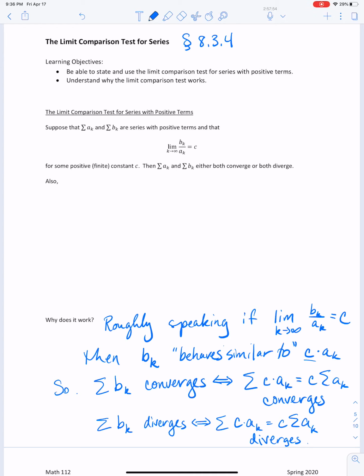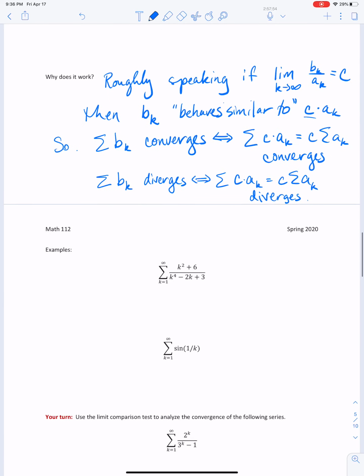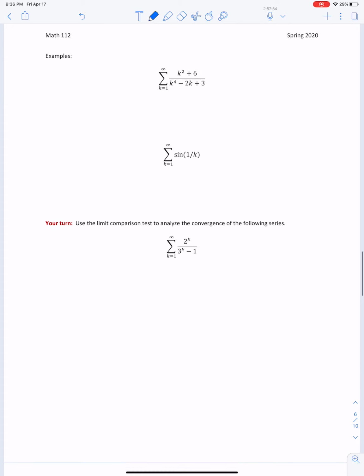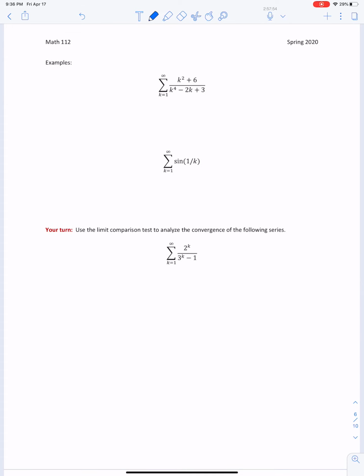I'd like to go through just a couple of examples of this, and then I want to give you a quick extra way we can squeeze some extra mileage out of this theorem sometimes. So the first example that I'll talk about is this first one, k squared plus 6 over k to the fourth minus 2k plus 3.